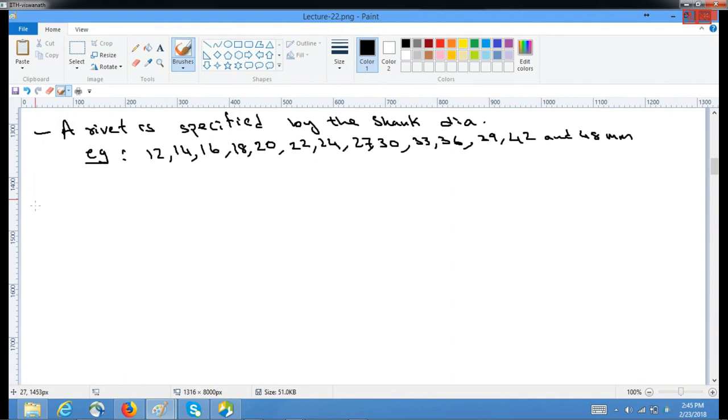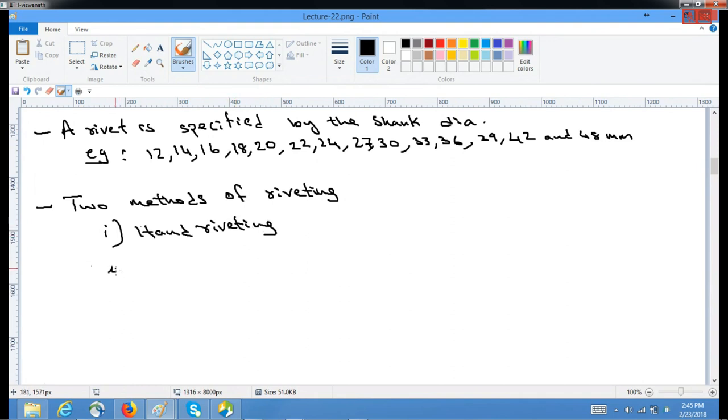There are further two methods of riveting. One is hand riveting, and the second one is machine riveting.